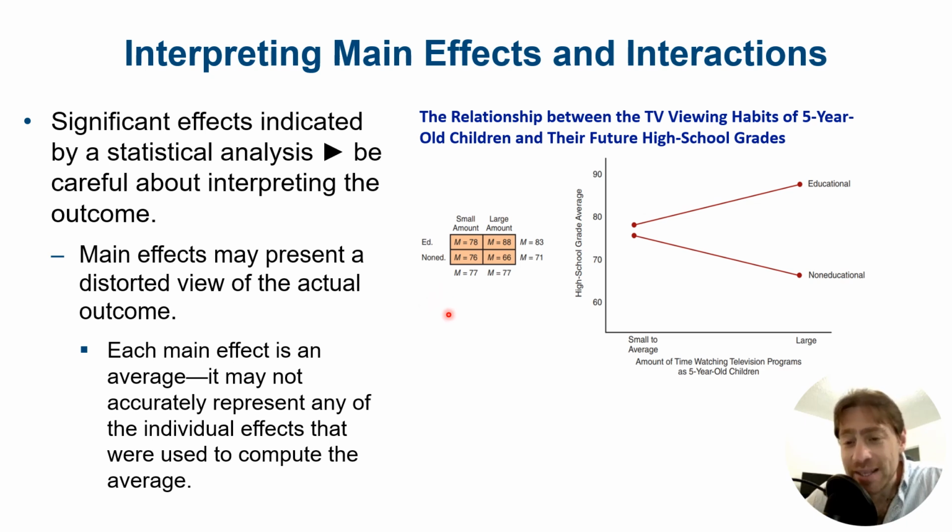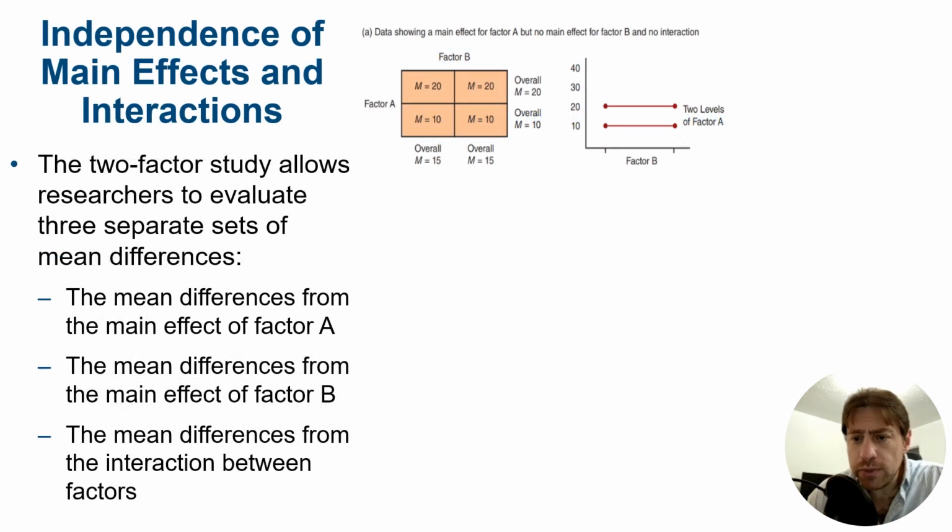But because the main effect averages across both of these levels, these patterns get lost in that average, and it looks as if the amount of television doesn't matter, when in fact it does, but it interacts differently with the type of television that is being consumed. So a two-factor design allows researchers to evaluate 3 sets of differences.